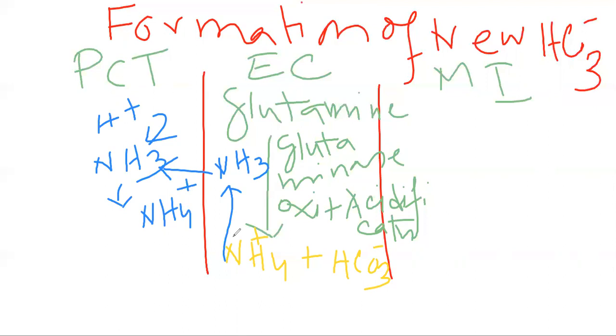Or it can also be transported as ammonium ion in exchange for sodium ion. So this is the ammonium sodium exchanger. The channel operating here is known as hyperpolarization-activated cyclic nucleotide-gated channel 2.